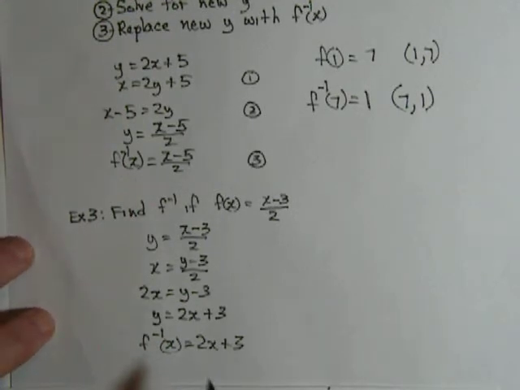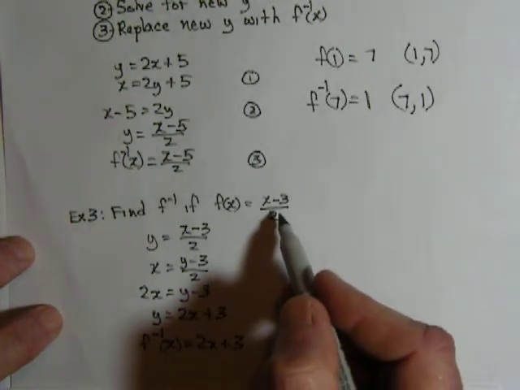And now you can verify that this will create the ordered pairs in reverse that this one creates.